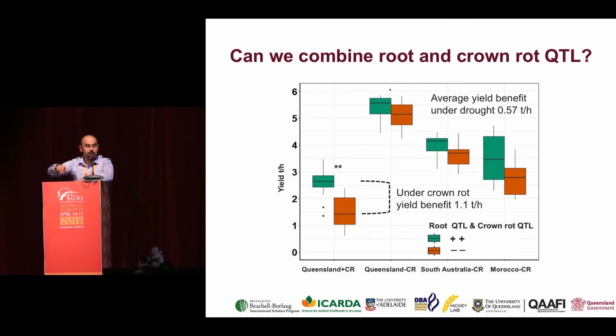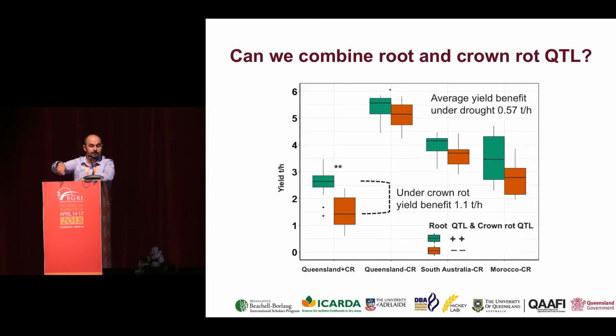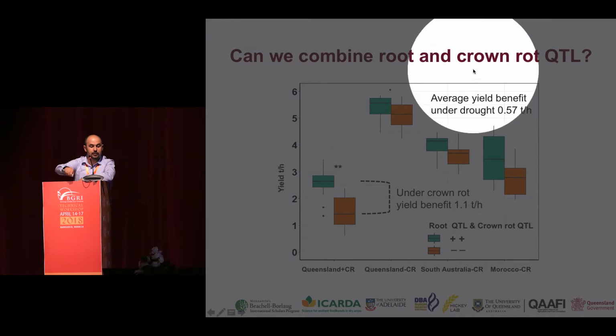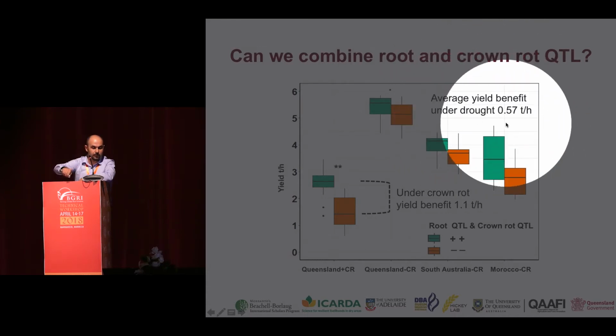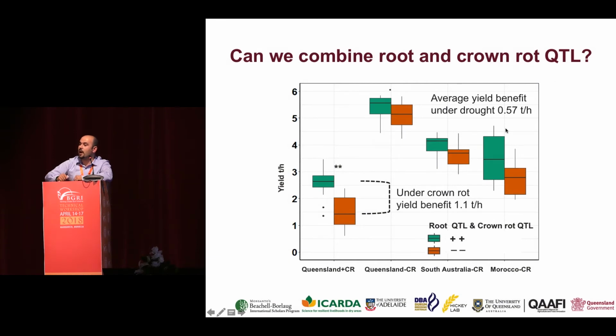So the total average for these three environments was over 500,000 tonnes, and that's really great.